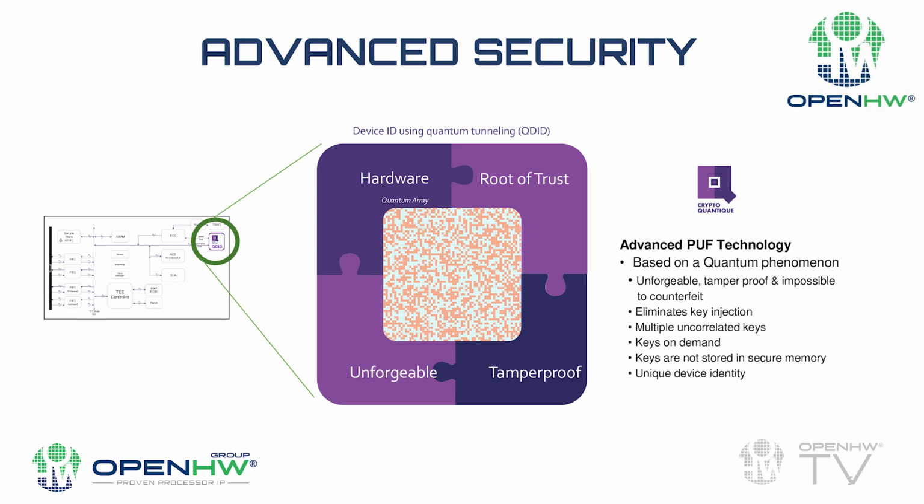This means that every single die that a QDID is integrated into has a unique identity. This pattern is then used to generate keys. So you can actually have a unique fingerprint in your device, and from that you can create cryptographic keys.